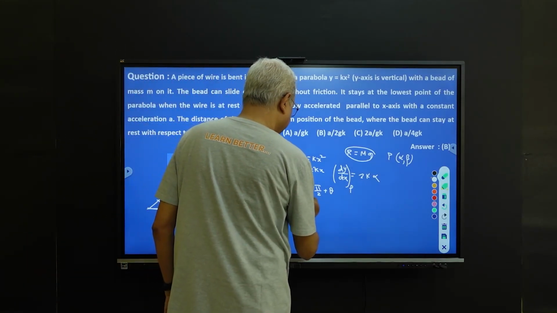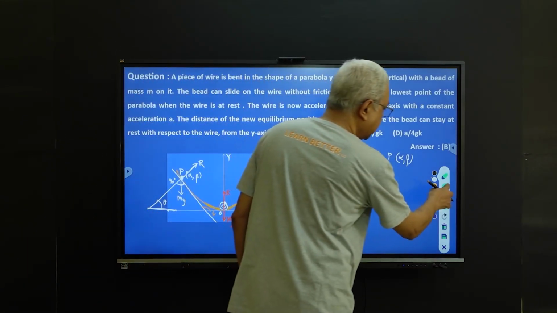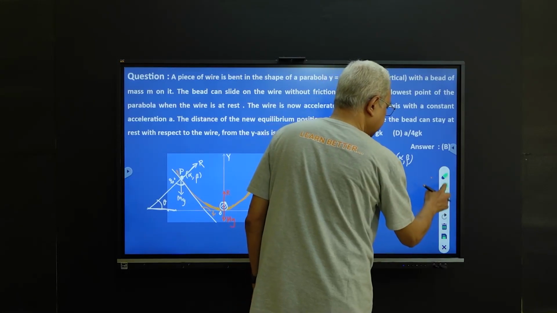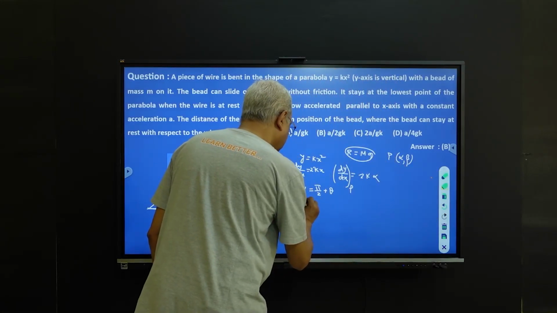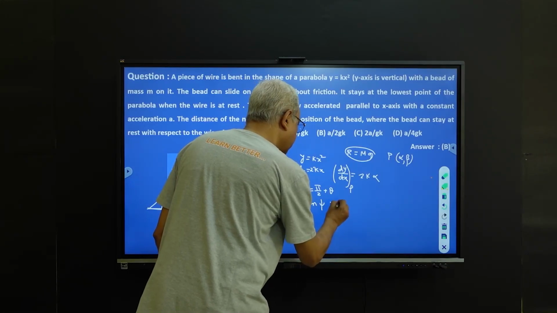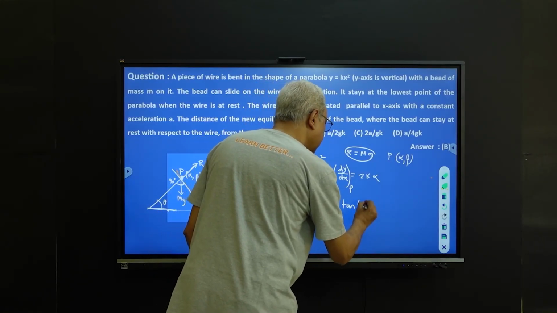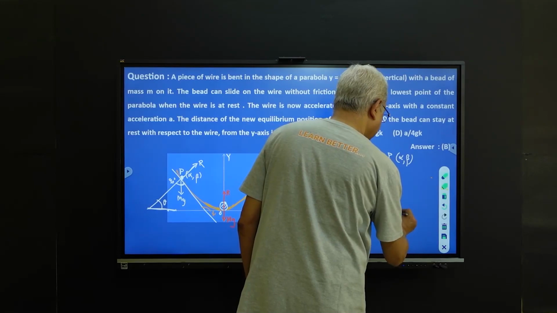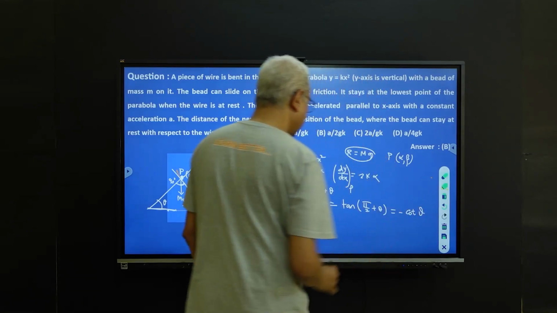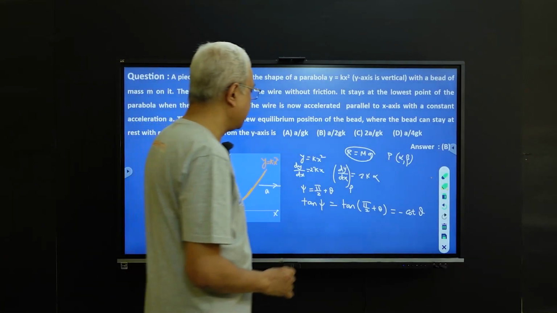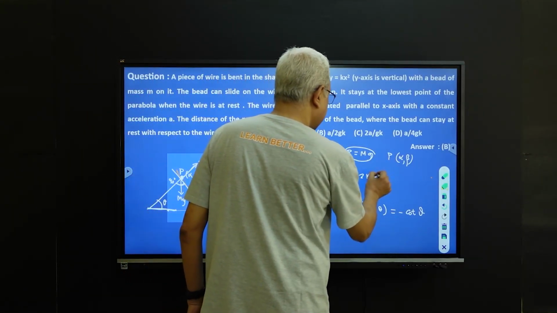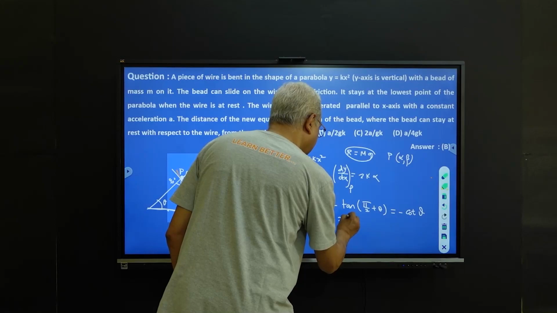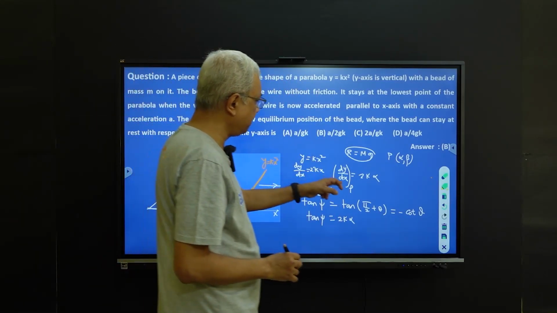So, taking tan, tan psi equal to tan of pi by 2 plus theta, so it is negative of cot theta. But tan psi is nothing but 2k alpha, because dy dx at point P is 2k alpha.